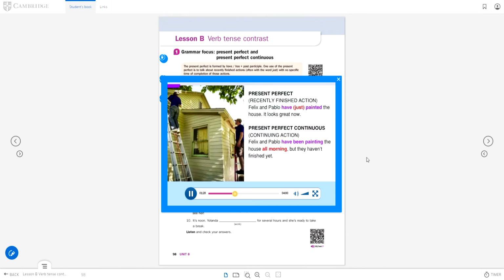Present perfect. Recently finished action. Felix and Pablo have just painted the house. It looks great now. Present perfect continuous. Continuing action. Felix and Pablo have been painting the house all morning, but they haven't finished yet.